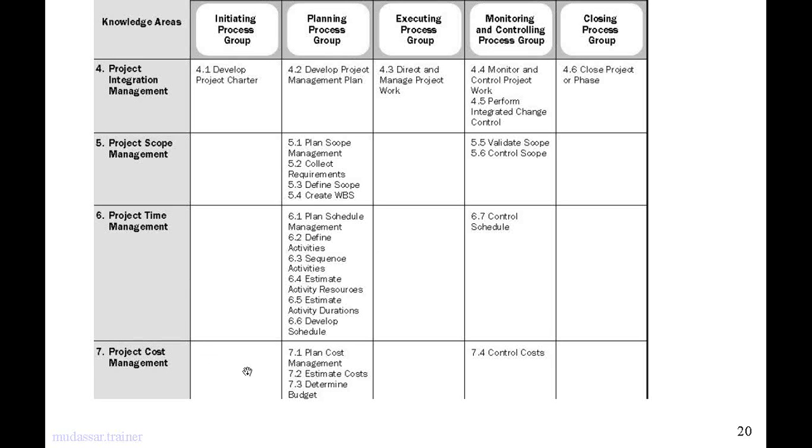And cost involves plan cost management, estimate costs, determine budget. Determine budget is a very big part where you have plenty of calculations coming in. And don't worry about it, we'll have a lot of practice at our end. Then there's control costs.